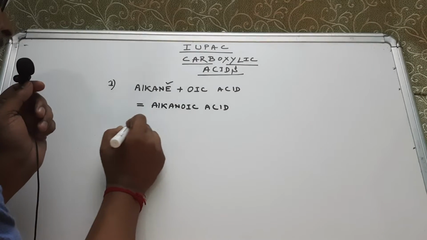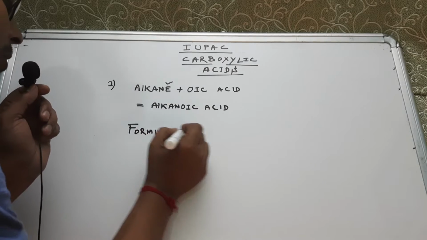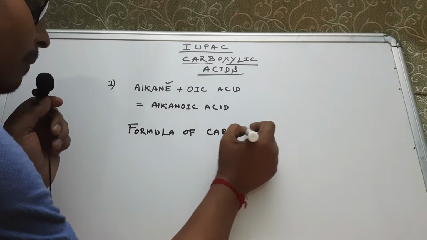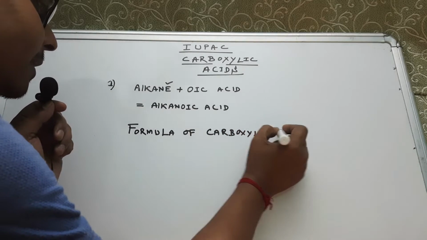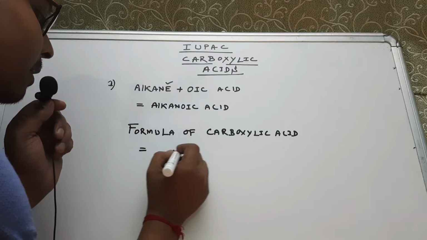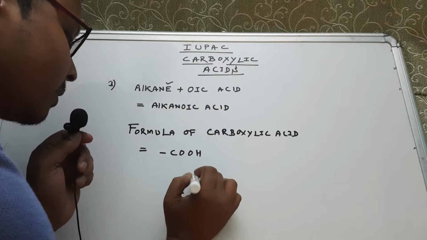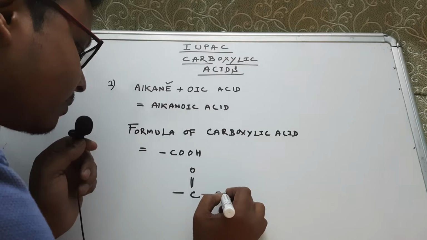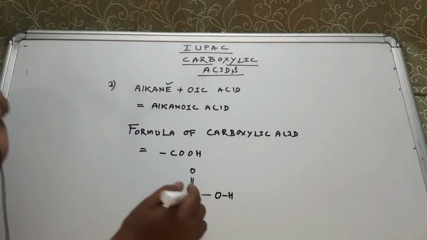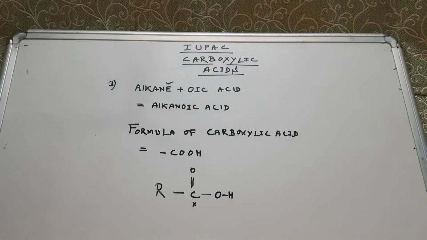The formula of carboxylic acid is COOH, and the structure is C double bond O and, on that side, OH, and the open side of the carboxylic carbon is attached to any other alkyl group, R group.